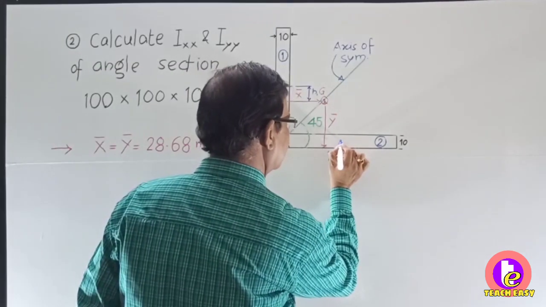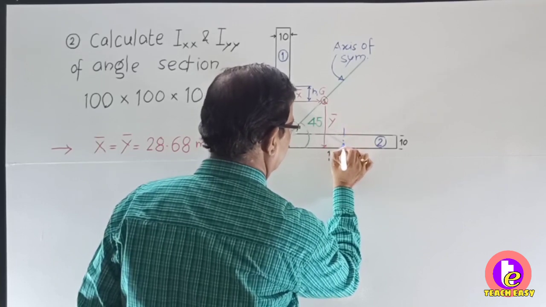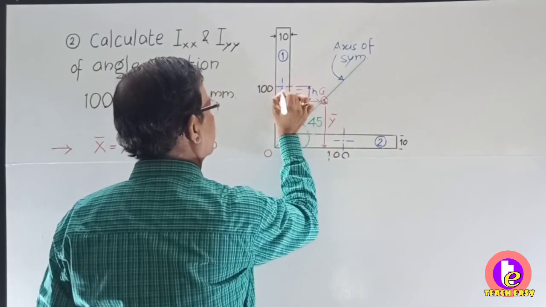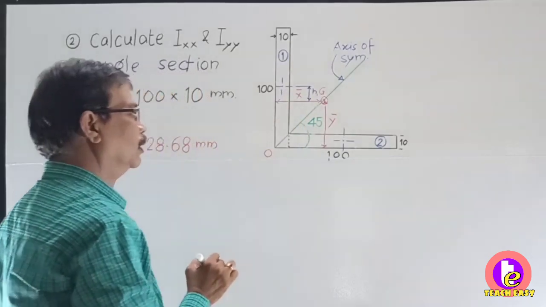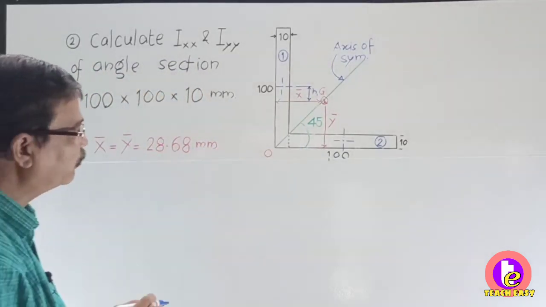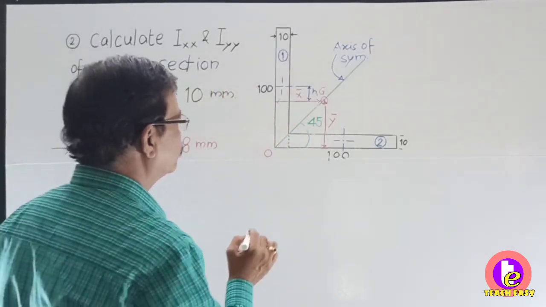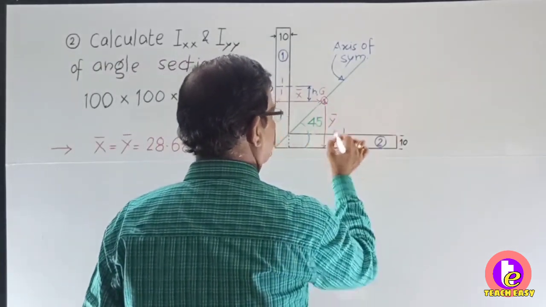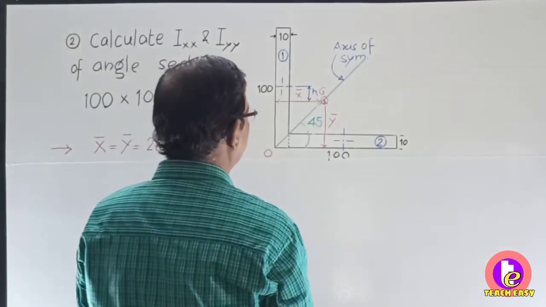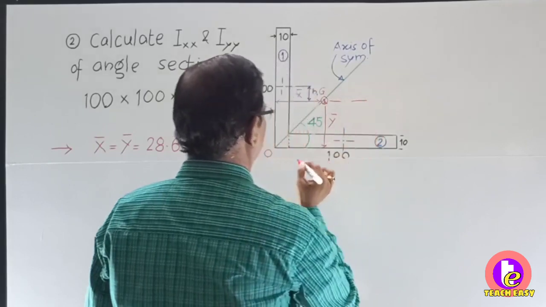Now this is the centroid of the second part. You have to shift it to this one. So what is h2? This will be your x axis, isn't it?